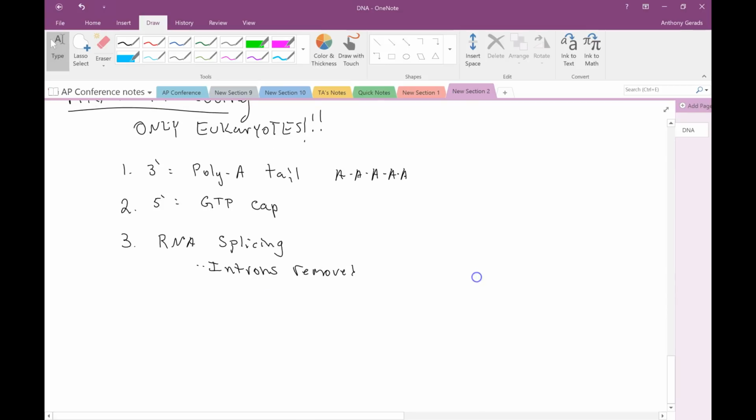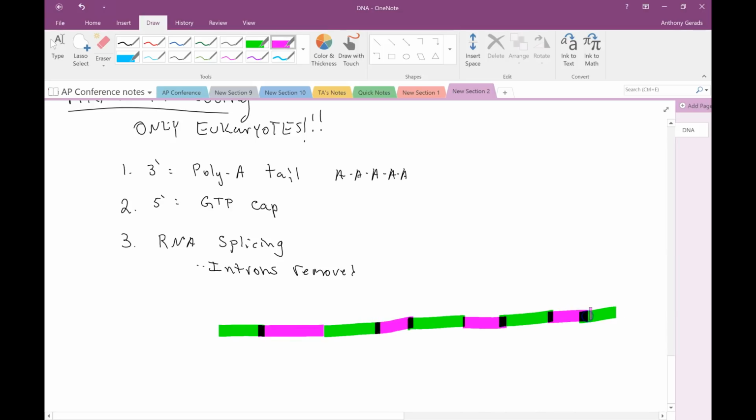How you'll see this a lot of times is you'll see it look like this, and it will be labeled I1, E1, I2, E2, I3, E3.